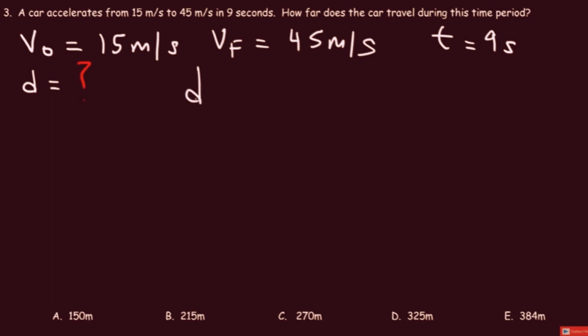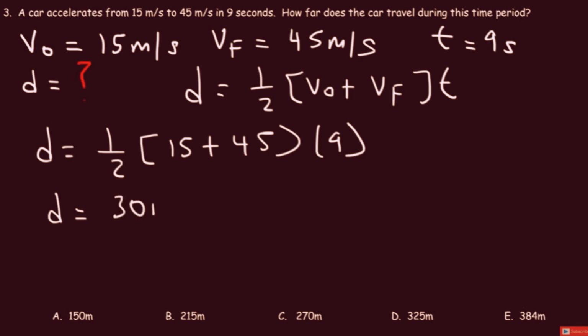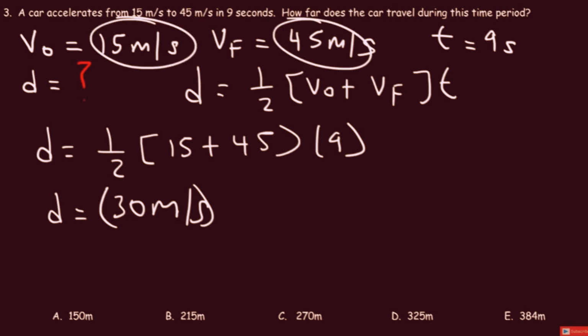The equation that we need that holds all of these variables is d equals 1/2 times v initial plus v final, multiplied by t. You can only use this equation if the car is moving with constant acceleration. It can't be moving with constant speed. So it's going to be 1/2 the initial speed plus the final speed, multiplied by the time. 15 plus 45 is 60, and 60 divided by 2 gives us an average speed of 30 meters per second. 30 is the average speed between 15 and 45.